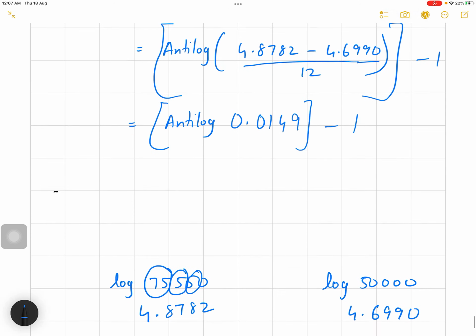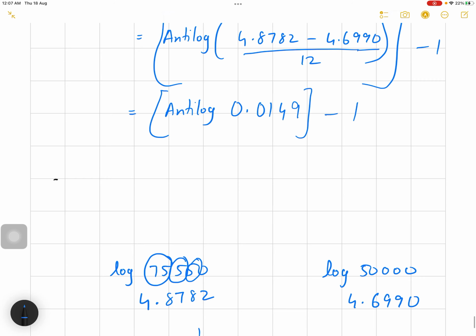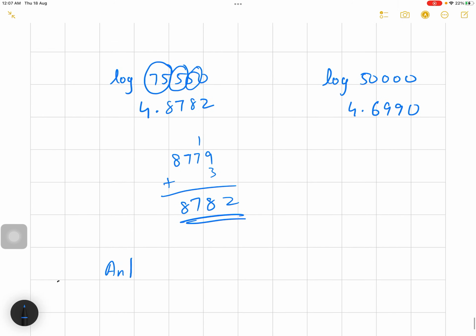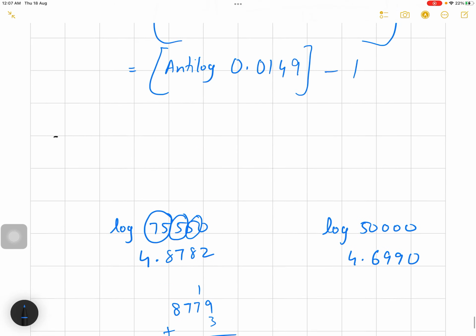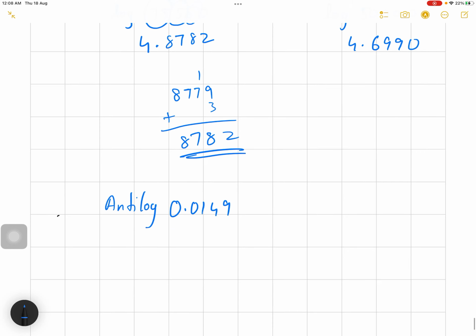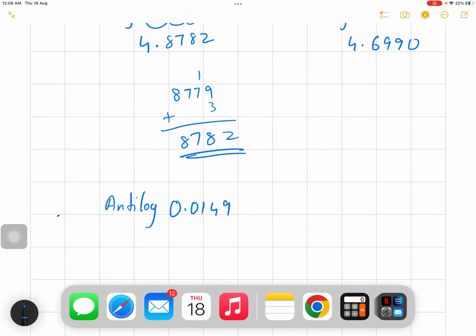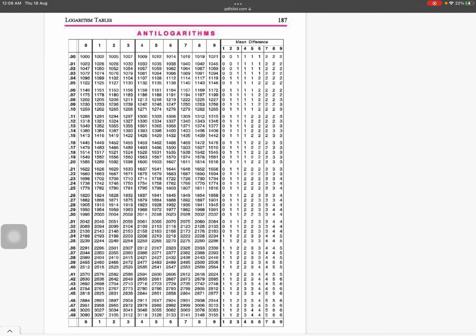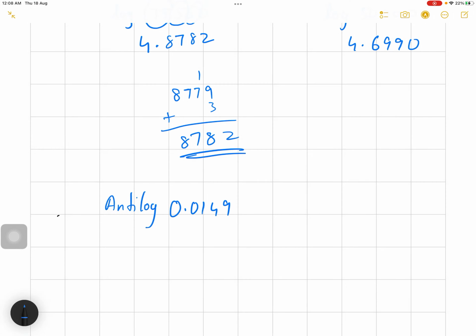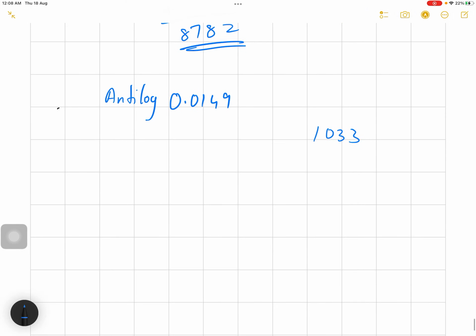Minus 1. Now let's find the anti-log of 0.0149. Row 0.01, column 4, mean difference 9. Going to the anti-log table, row 0.01, column 4 is 1033.